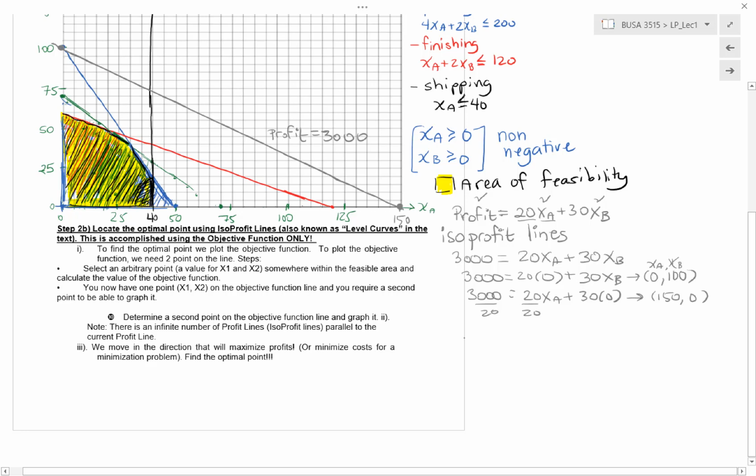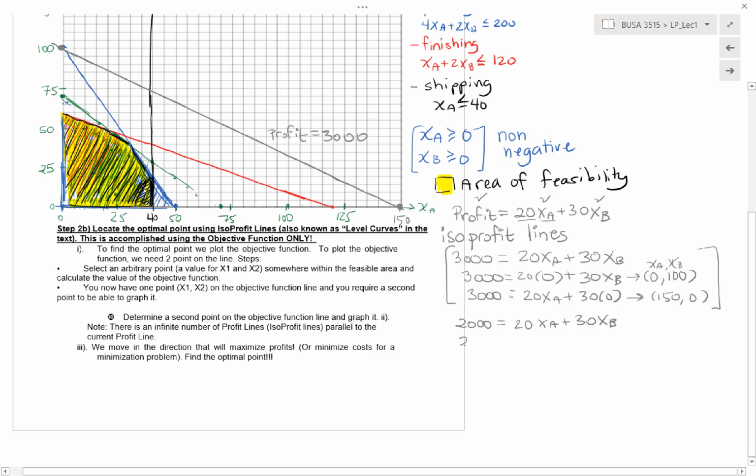Let's try a profit now of 2,000 instead. So this was our isoprofit line for 3,000. Okay, and let's try 2,000 and see what we get. So 2,000 is 20XA plus 30XB.